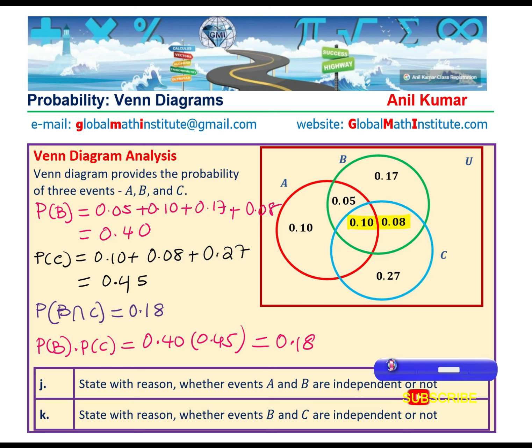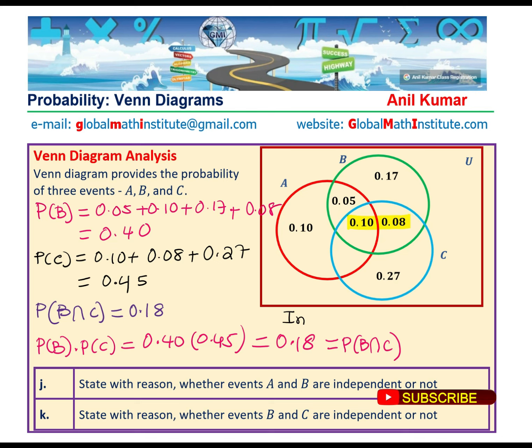Since they are the same, this is equal to probability of B intersection C, we conclude that they are independent events. Makes sense, right?